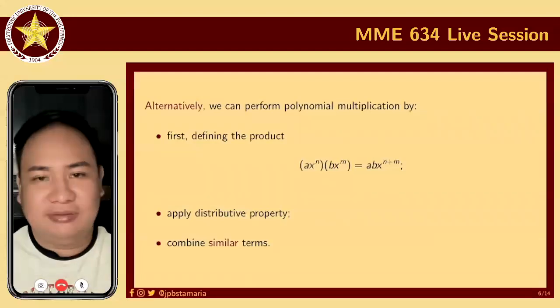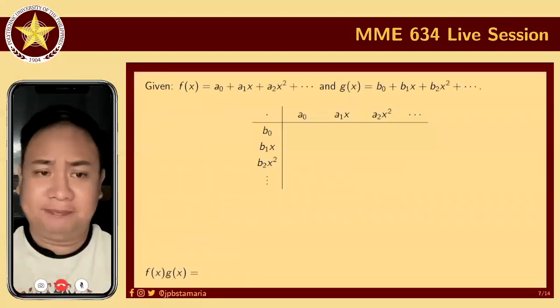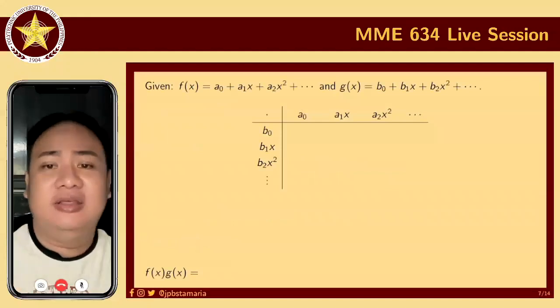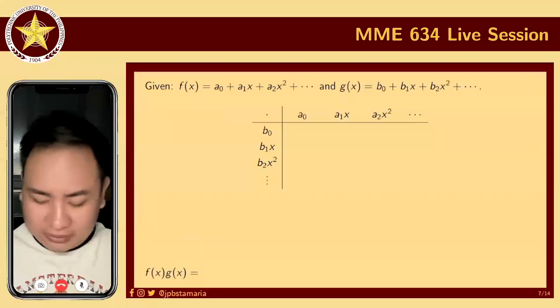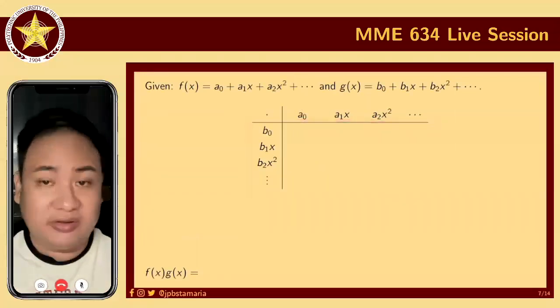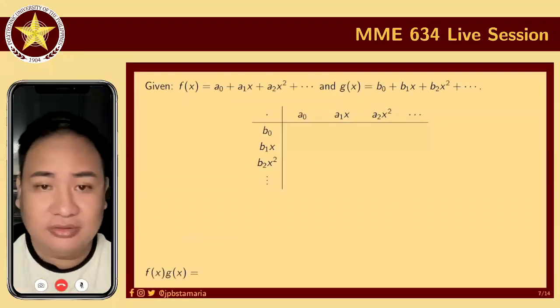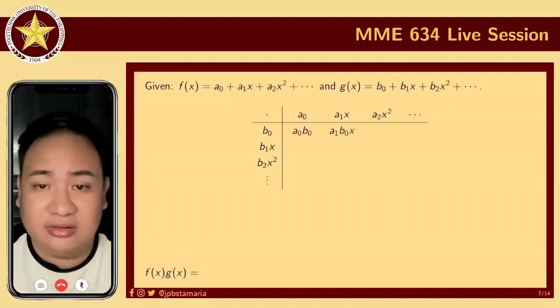Combine similar terms. In a more visual manner, ganito yan. You can create a table. Ito yung mga terms ng f of x. Ito naman yung mga terms ng g of x listed in some fashion. And then we're doing all the possible combinations and then write their product this way.